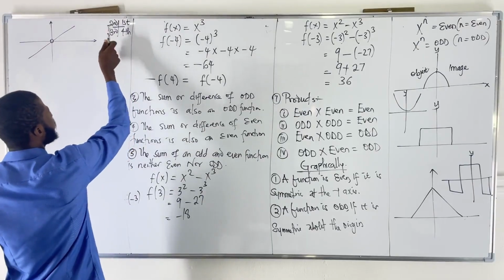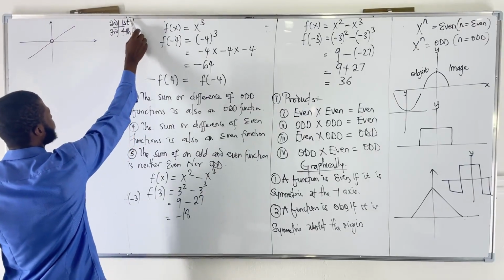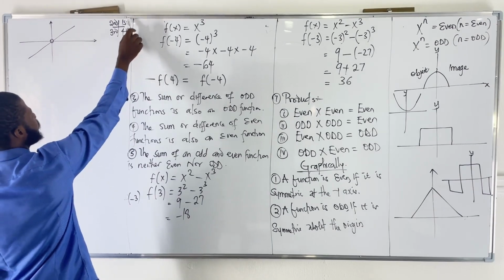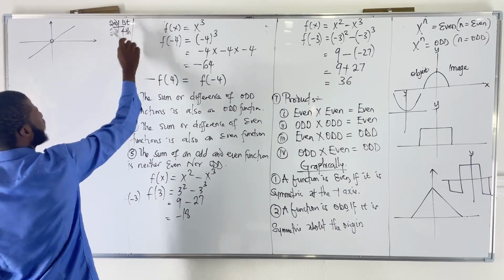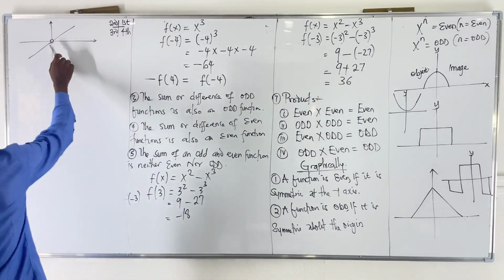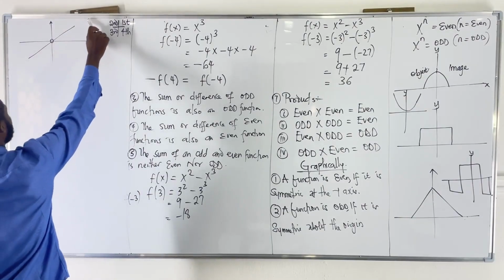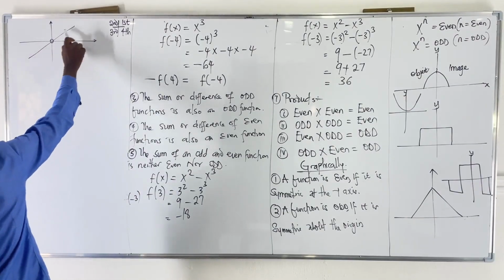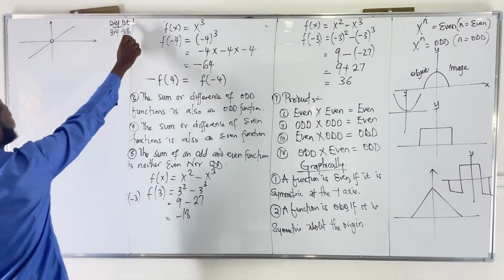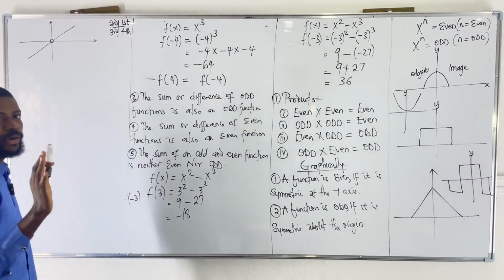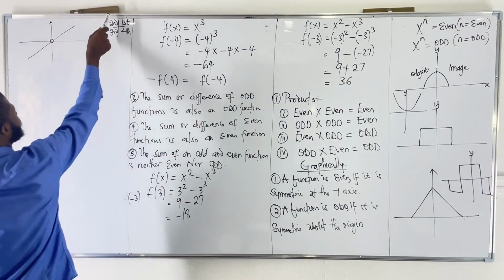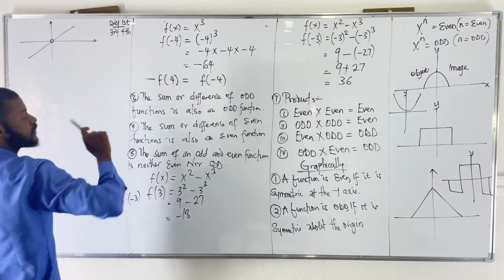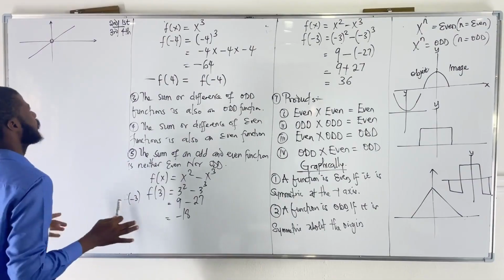If a function has a graph at the first and a graph at the third, that is 2 opposite quadrants, then that function is odd. If you look here now, the line here is exactly the same with the line here. So these two are first and third, so it's going to be an odd function. Or if it is having second and fourth, it's going to be an odd function. So take note of that.